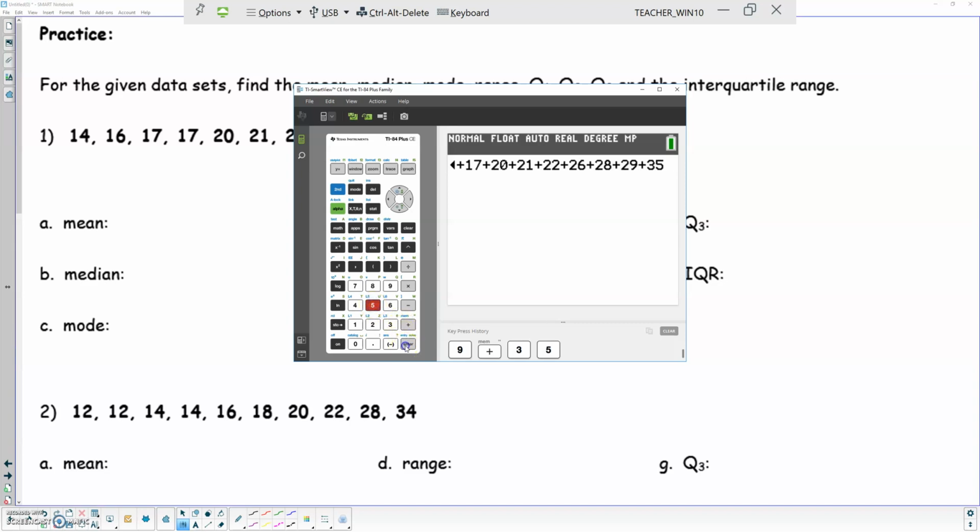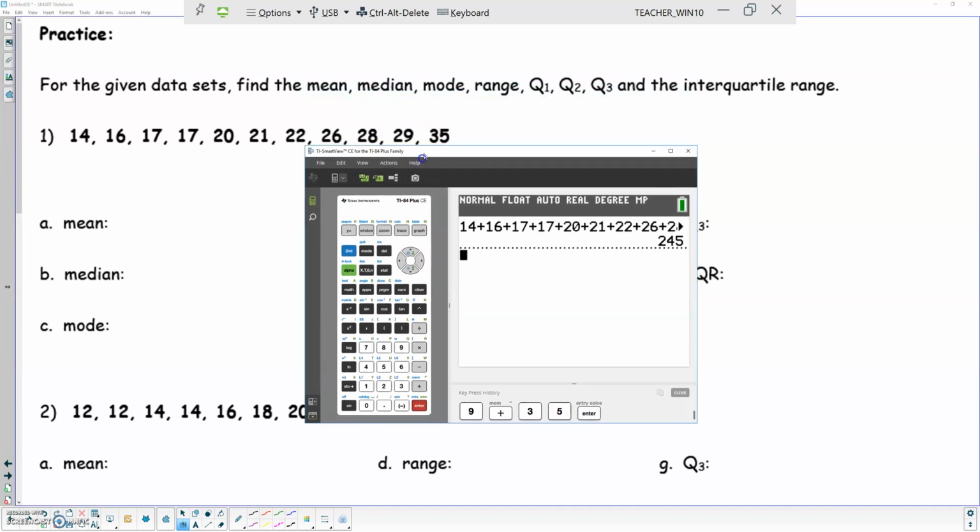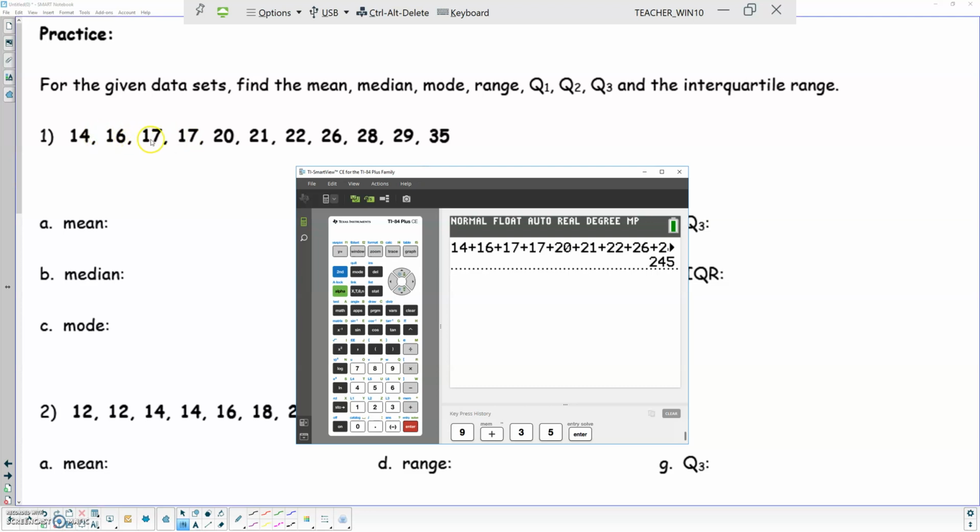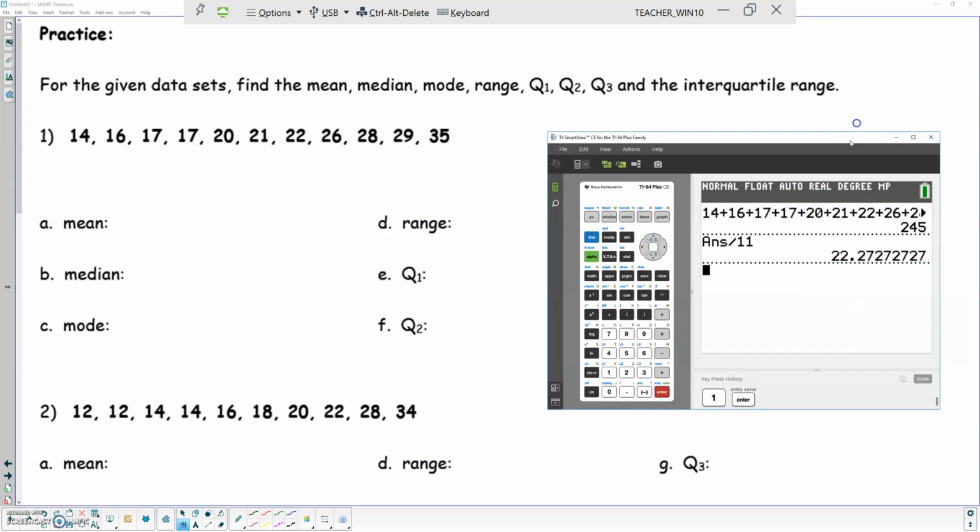Okay, so when I add up all the data values, we get 245. And there are 1, 2, 3, 4, 5, 6, 7, 8, 9, 10, 11 data values altogether. So we're going to divide that number by 11. Okay, so our average is approximately 22.27, right?